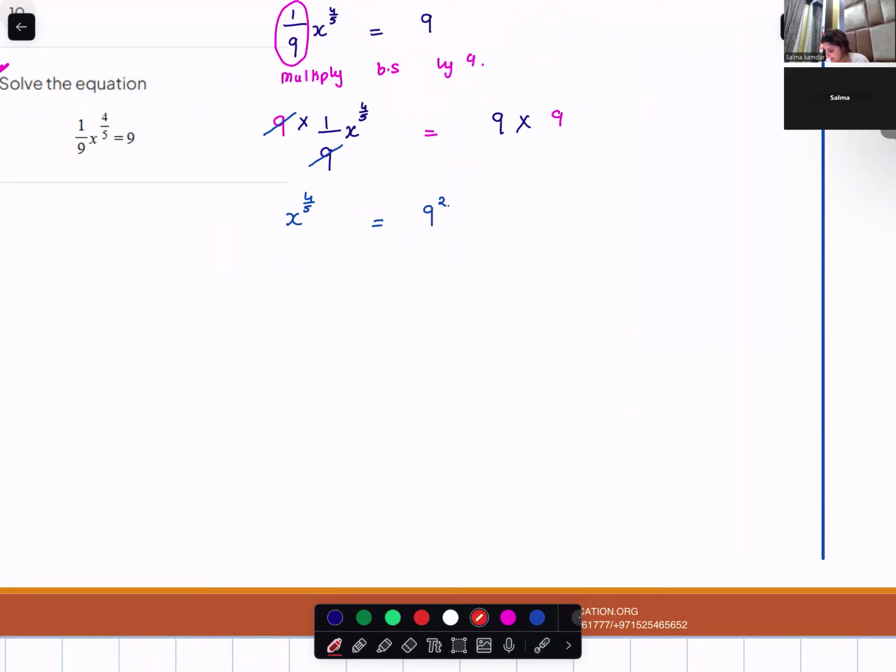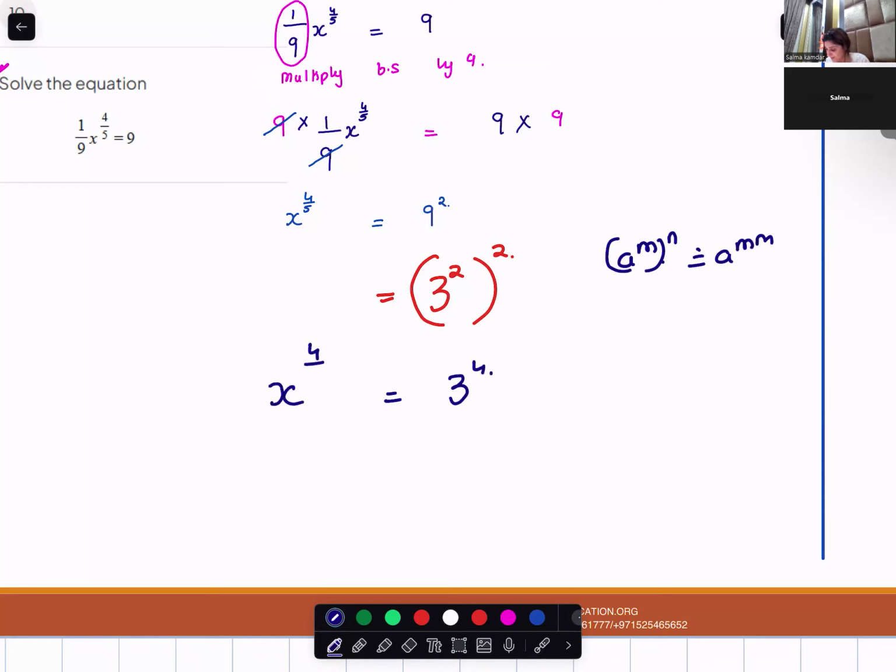I'll try to break this 9. What is 9? 9 is 3 square. 3 threes are 9. So I have 3 square over 2. This is a raised to m in n, which becomes a raised to mn. So 3 by 4. And this is x raised to 4 by 5.